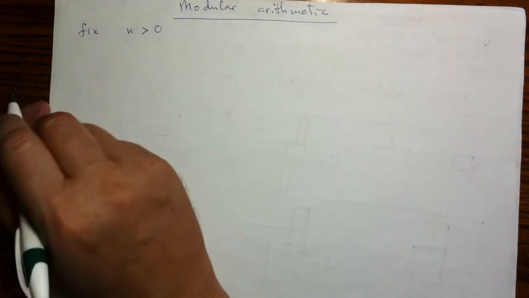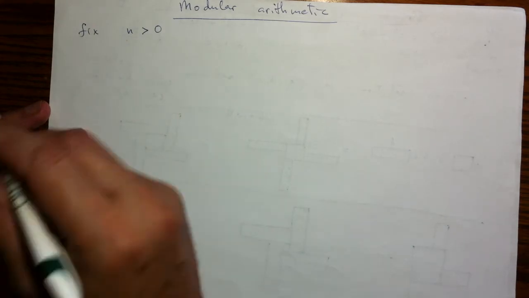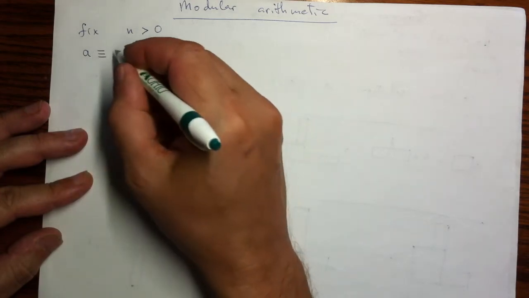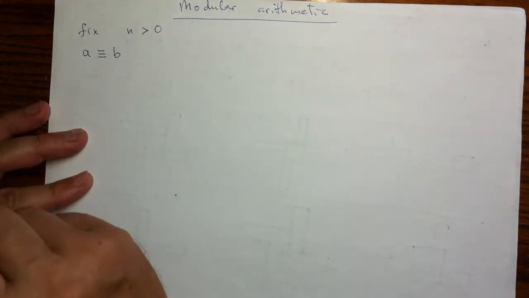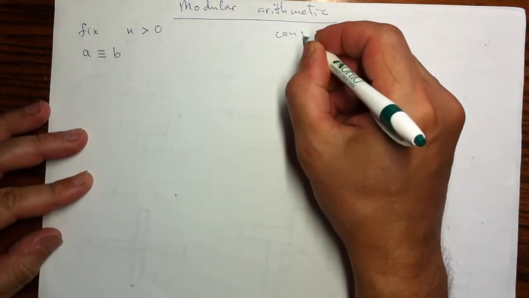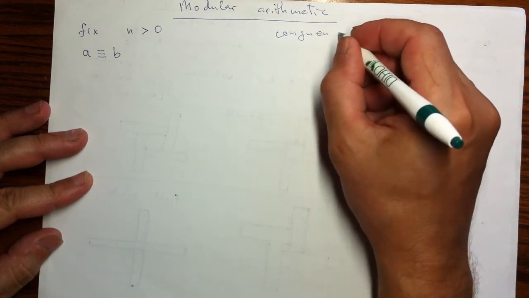And then it allows us to group integers in big chunks. So we say that two integers are equivalent, congruent, modulo n. So that is the definition of this relation of congruence.